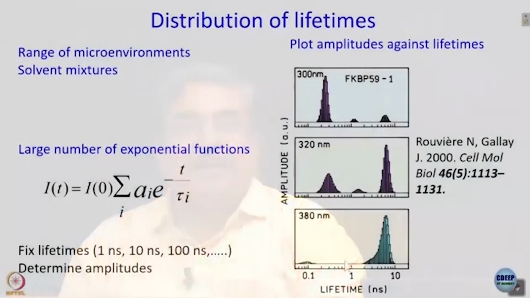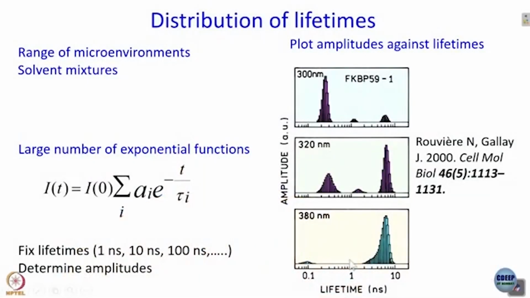So, the good thing about fitting your data to a many exponential model, where lifetime is fixed, amplitude is varied, and you make a plot of amplitude versus lifetime, is that you do not care about what kind of distribution it is, but it comes out automatically in your result. Here you see the short lifetime, but of course, this may not be log normal also, because do not forget the x axis is not linear, it is actually logarithmic. So, I do not know what it is, but the point is I am not working with any particular kind of distribution. Whatever is the distribution is expected to show up in the process.